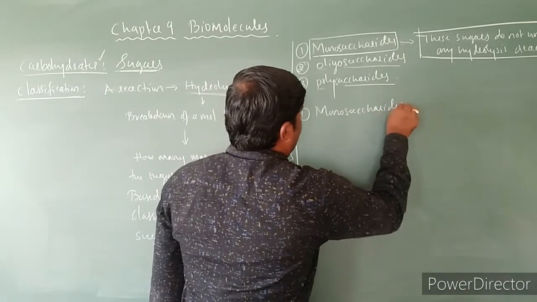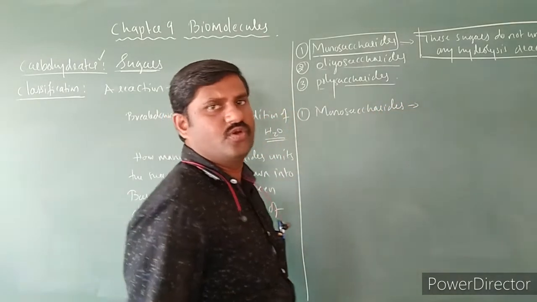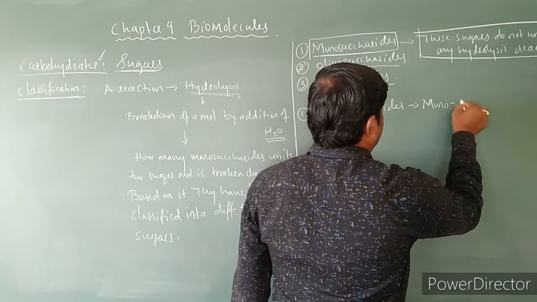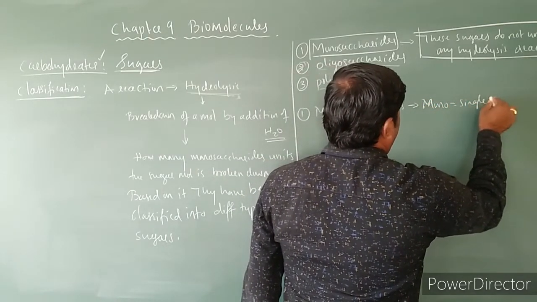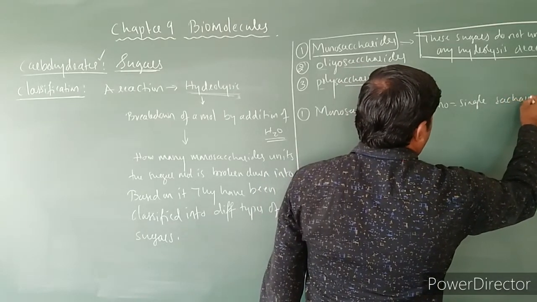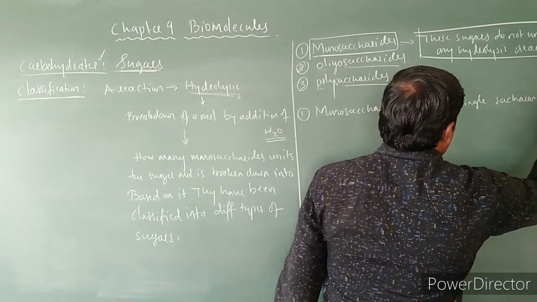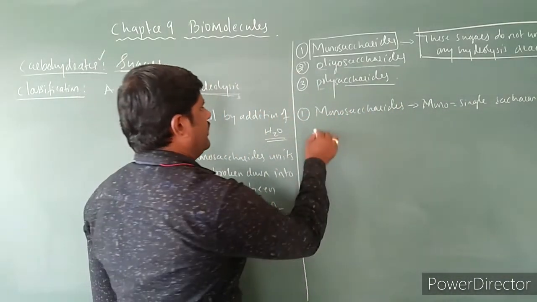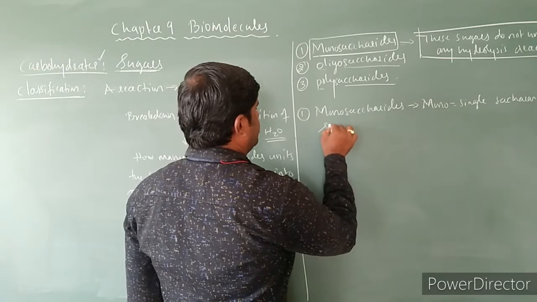Monosaccharides, as the name suggests, mono means single. Saccharon means sugar. These are commonly known as simple sugars.